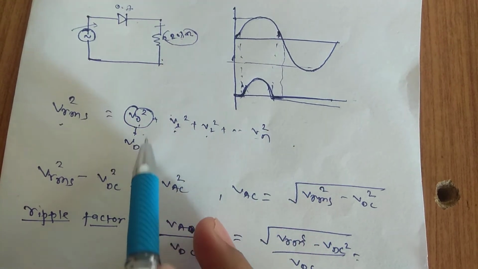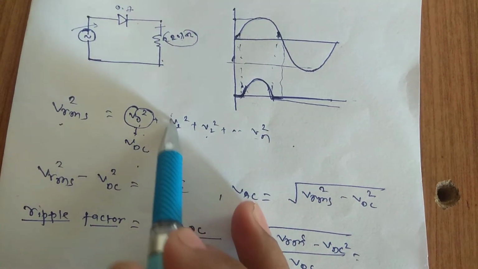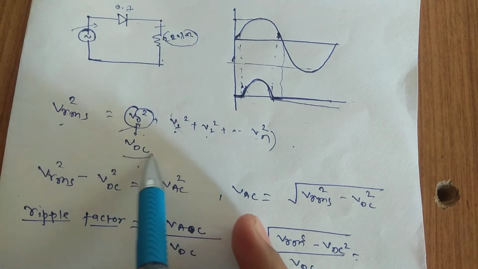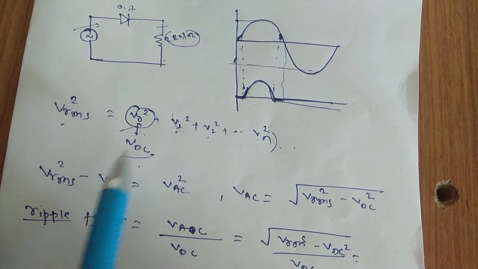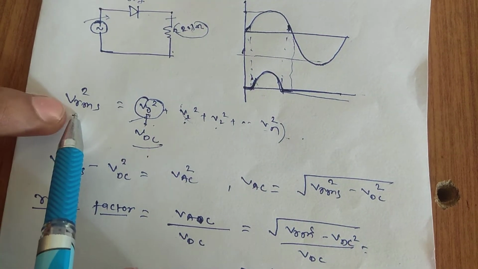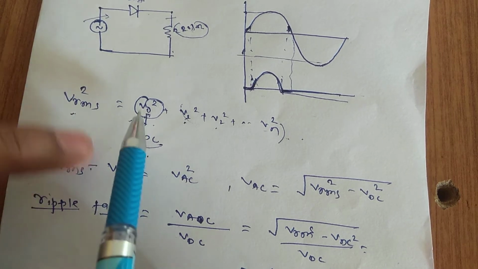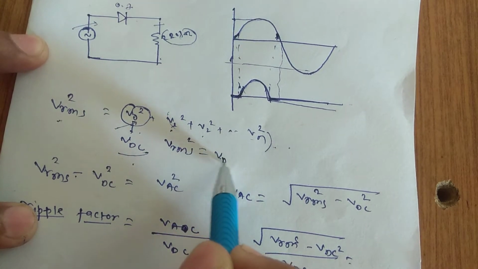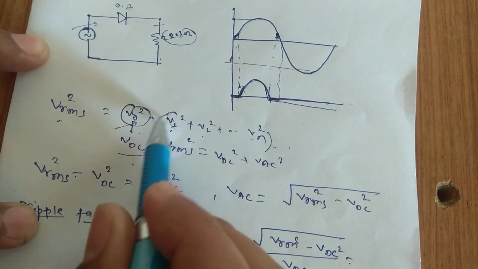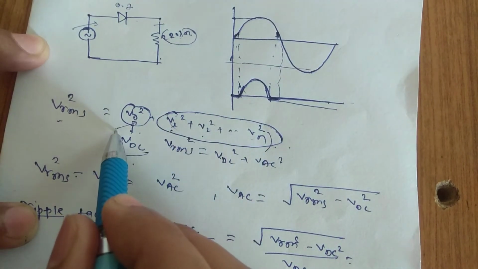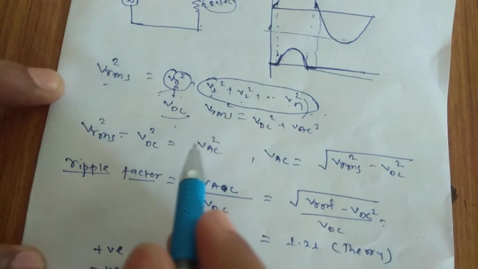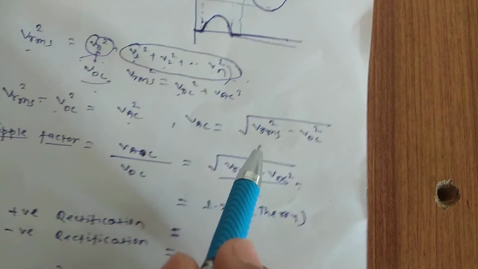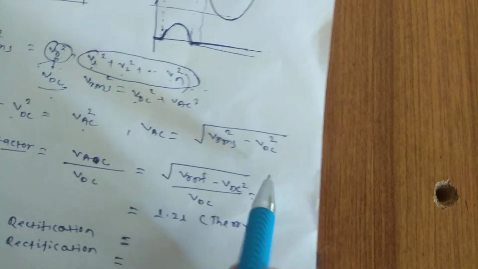The zeroth harmonic is called VDC, because there is no frequency component, and the remaining are called VAC. So VRMS square is equal to VDC square plus VAC square, because we have considered all these terms as AC and this is your DC. Now VRMS square minus VDC square is going to give you VAC square.